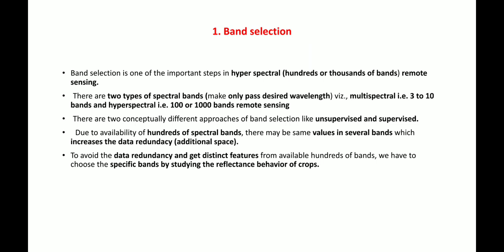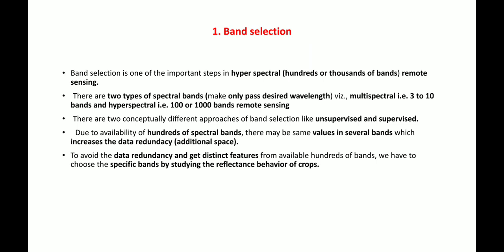Hyperspectral bands are especially used in remote sensing technology, and they depend on spectral bands. Spectral bands mean how light or energy passes according to their wavelengths. Multispectral means 3 to 10 bands, and hyperspectral means 100 or 1000 bands of remote sensing.